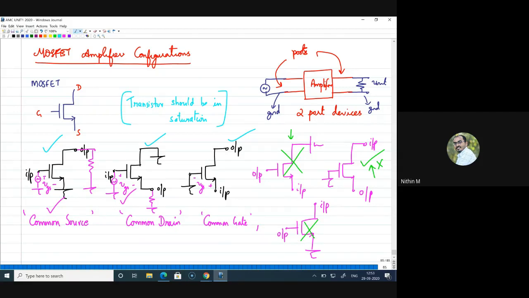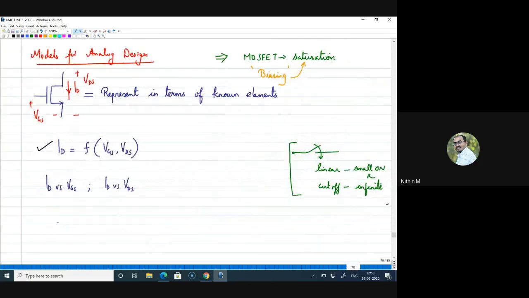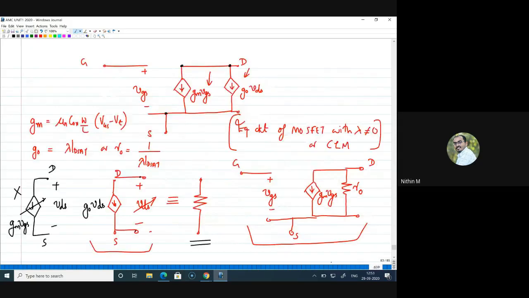And whatever small signal models we have developed, that is also very clear, we have developed the model for the transistor in saturation. Models are developed for transistors in saturation because we want to use the MOSFET as an amplifier in saturation region. That should be very clear.